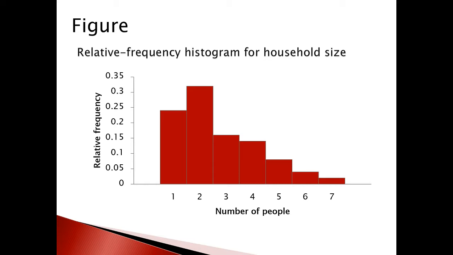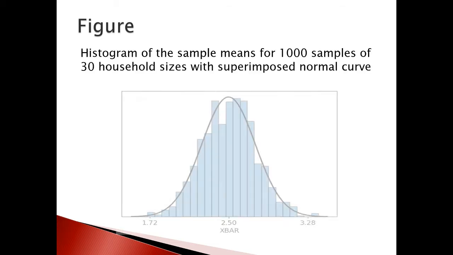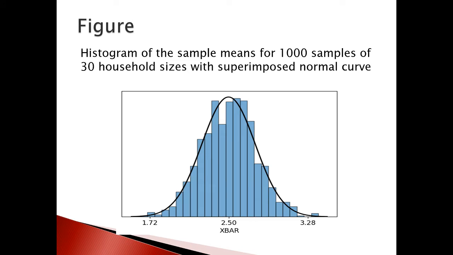However, according to the central limit theorem, the sampling distribution of the sample mean can be approximated by a normal distribution when the sample size is large. To make the fact plausible, for sample size 30, we can see the next slide. So this is a figure, and we can say that for sample size 30 it is a normal distribution.